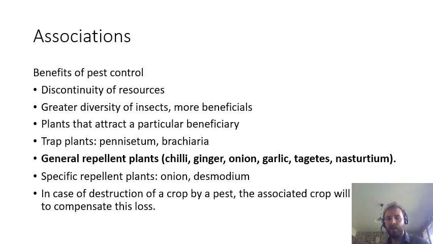For example, chili, ginger, onion, garlic, marigold, and nasturtium. The first ones are also crops, so it's really interesting to associate them because you have two crops. One is protecting the other, and you can harvest both. Marigold, also tagetes, and nasturtium are flowers, so you might not be able to do anything with the harvest, but you can still plant them with the crop to protect it.